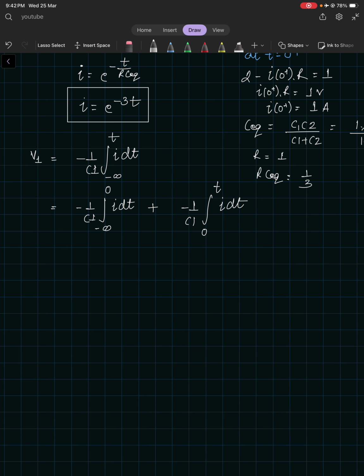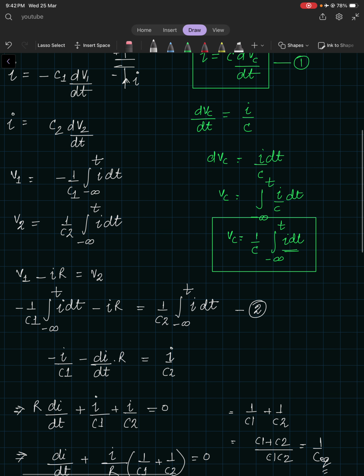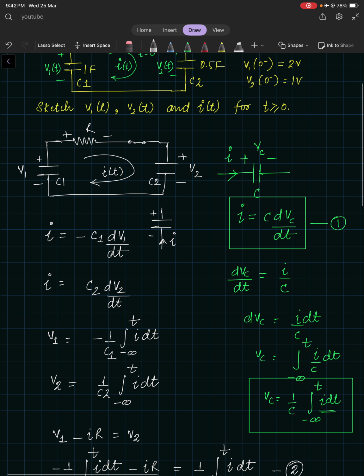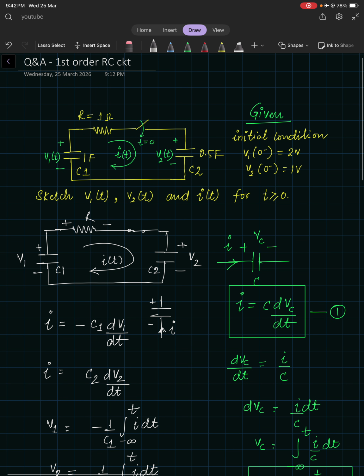Why have I divided this integral in two parts? Because our actual response starts from t greater than 0, right? Before switching, the capacitors were charged to initial values. v1 was charged to 2 volts, and v2 was charged to 1 volt.